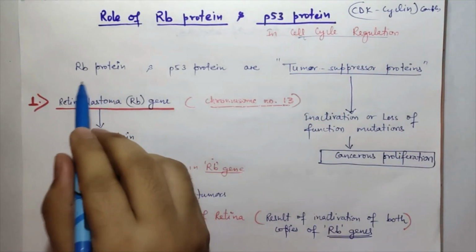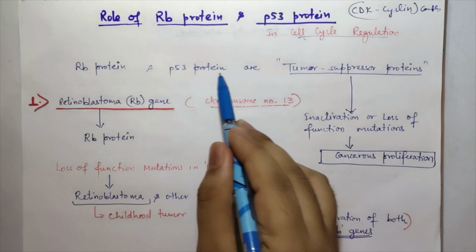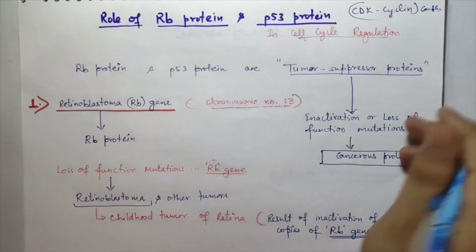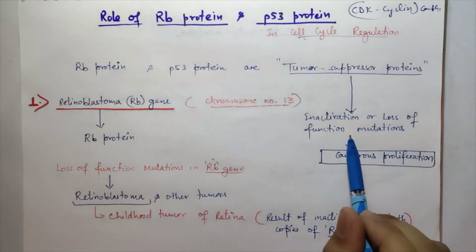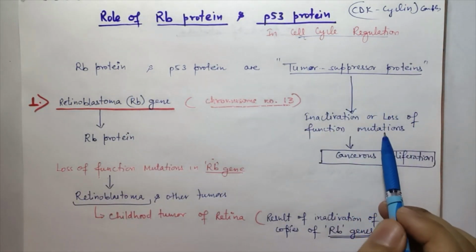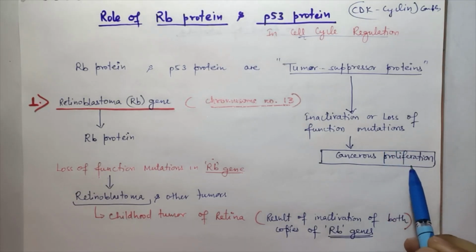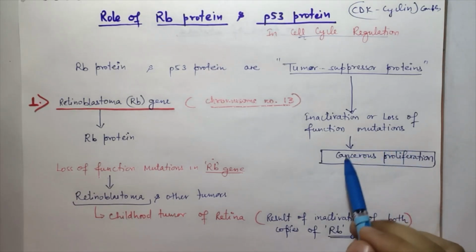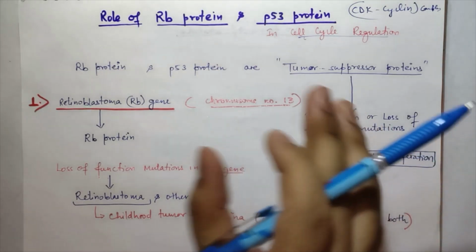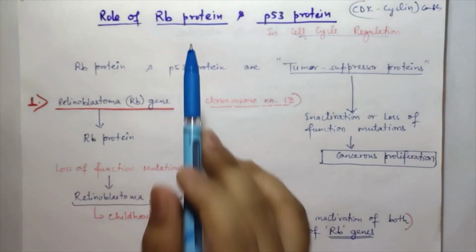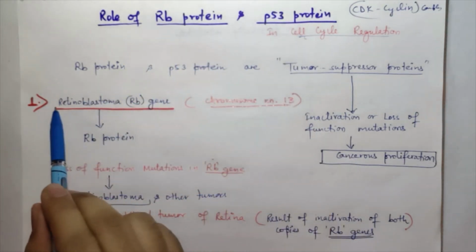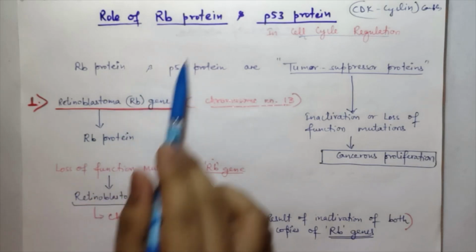These RB protein and P53 proteins are collectively called tumor suppressor proteins, and inactivation or loss of function mutations in these regulatory proteins can cause uncontrolled proliferation of cells, and ultimately cancerous growth can develop. So, coming to their major functions in cell cycle regulation, we will discuss these one by one. First is retinoblastoma protein and its gene.